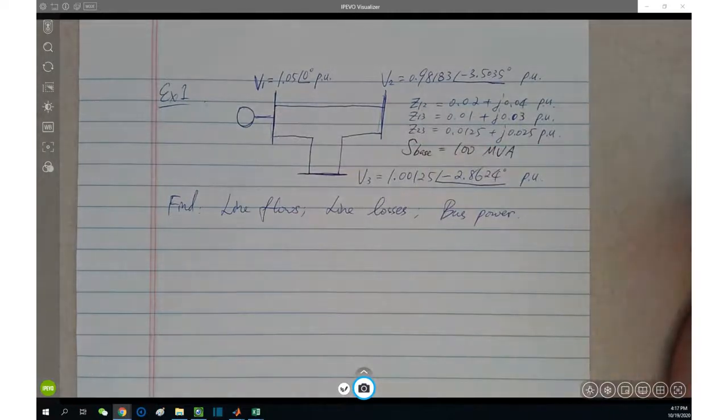But if Z12 had 3 phases? Yes, 3 phases, balanced, so the lines are the same. Yeah, we are studying a balanced system.